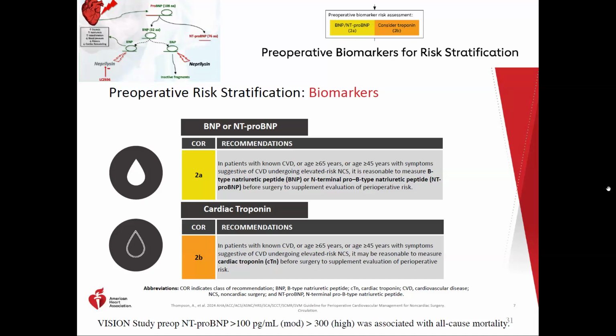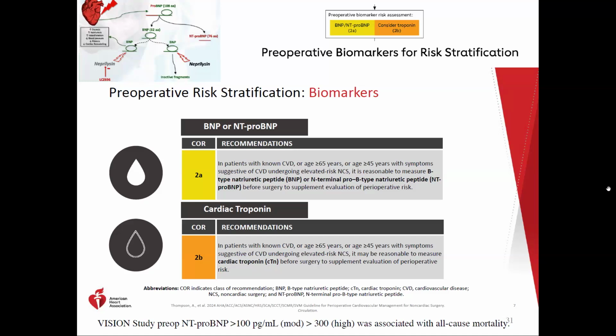So if I have a bad heart and I drink like a fish over the weekend and eat salty food and I get a little heart failure, but I test myself on Friday, I may be back to normal on my BNP, but my proBNP will still be elevated. So proBNP is going to be more sensitive for LV dysfunction.